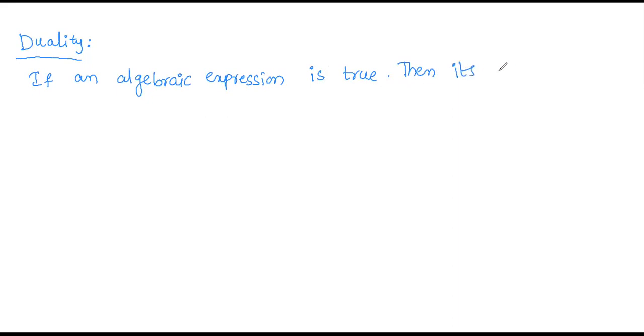What does this duality indicate? Okay, if an algebraic expression is true, then its duality expression is also true. Duality expression is also true.